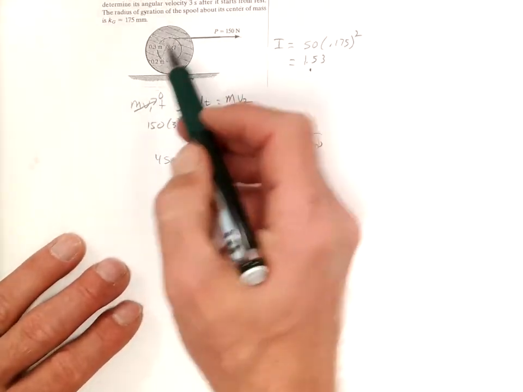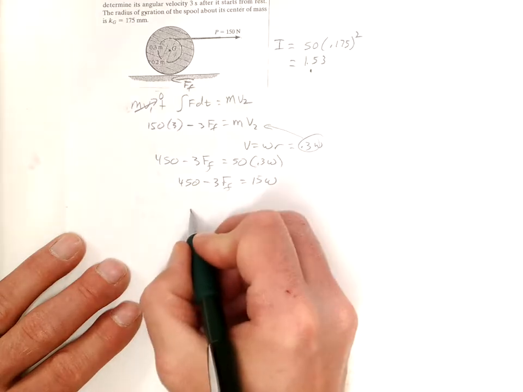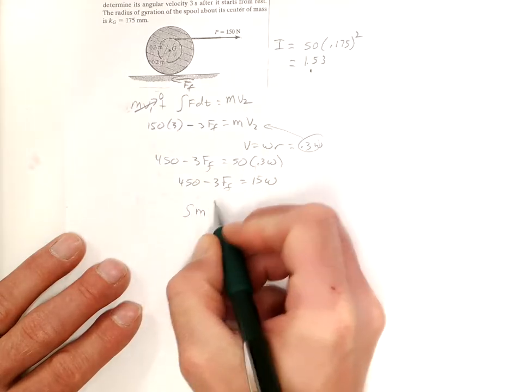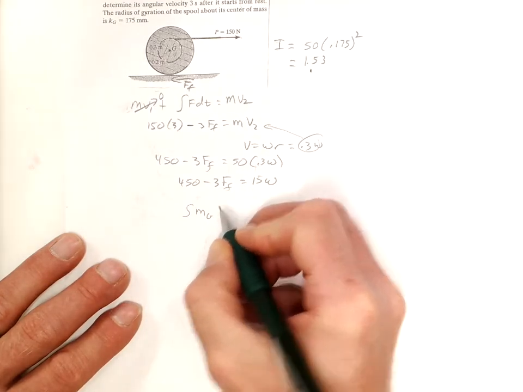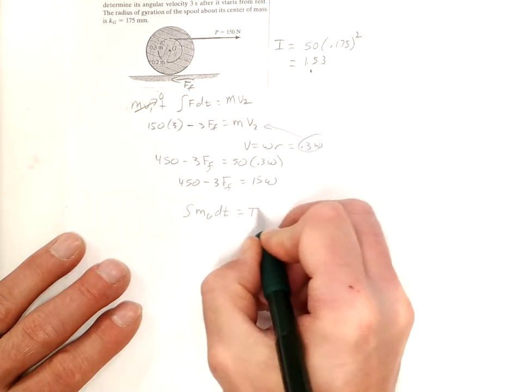Now, that's the linear momentum. Now let's deal with the rotation. So the integral of the moment about G, the center of gravity, dt is equal to I omega.